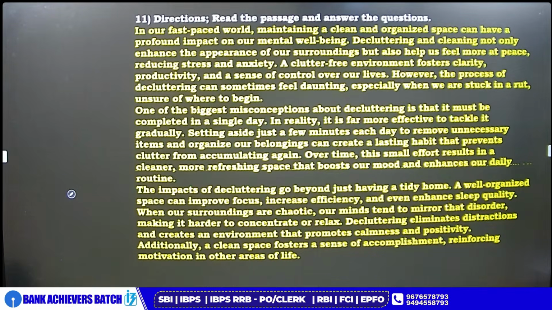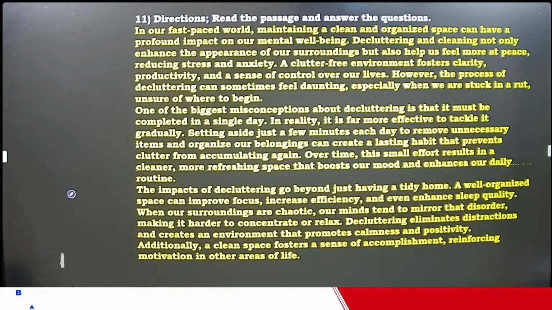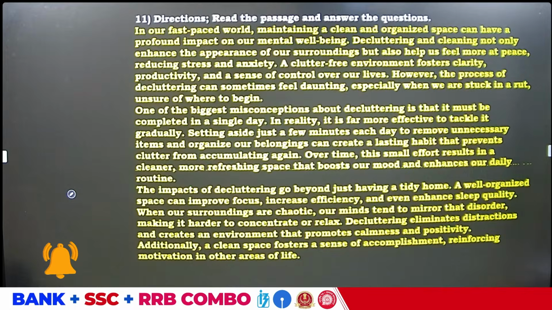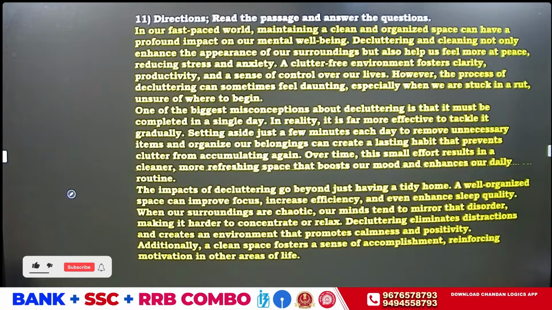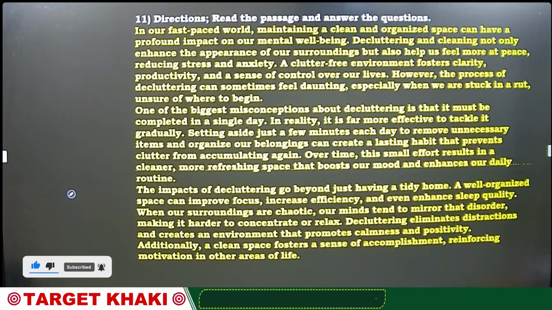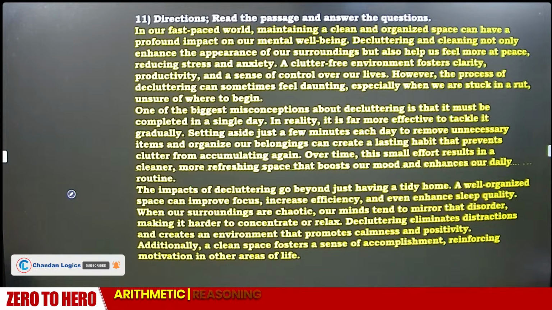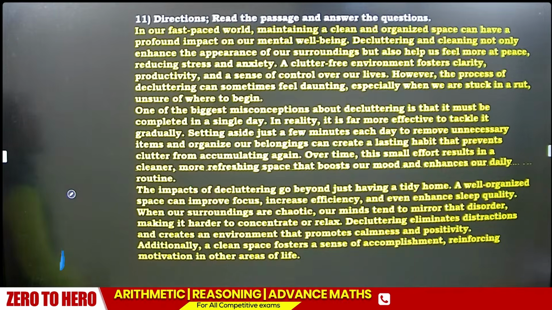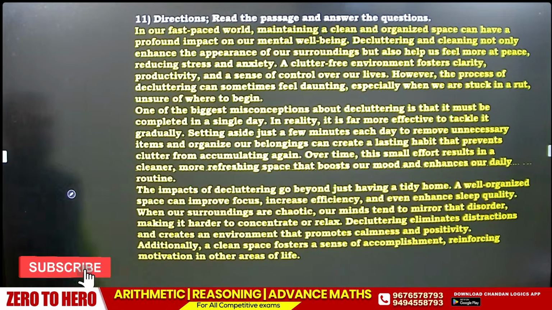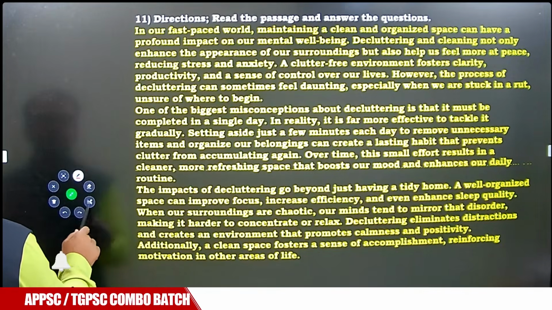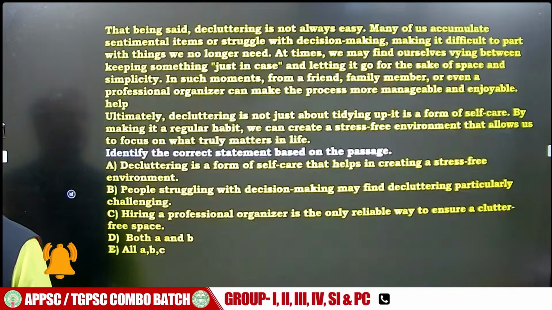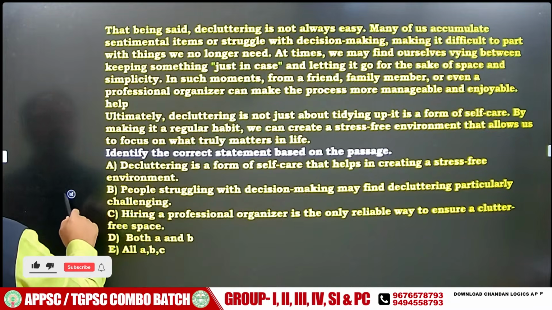Last 30 seconds. Okay, done. Reading speed matters, dear. Your reading speed matters. For this small part, maybe 1 minute.